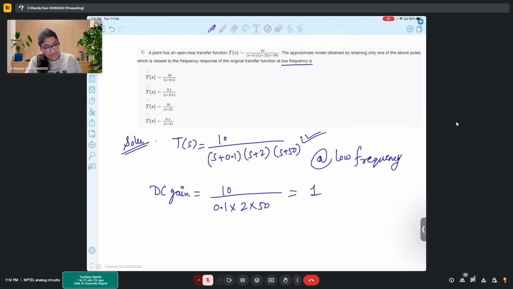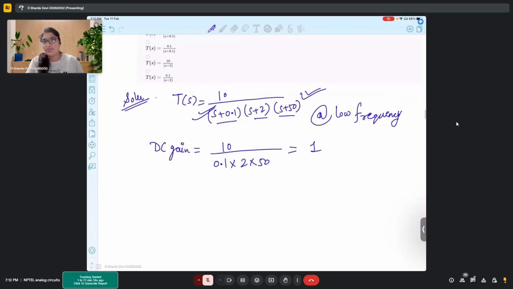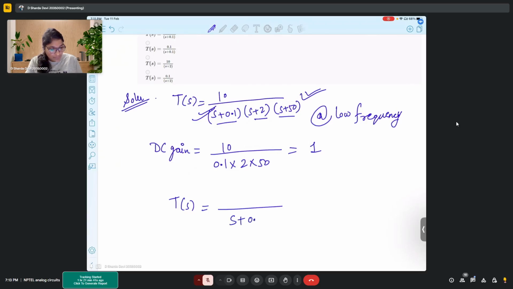And if you look at the frequency values, the lowest frequency possible is with only a single pole. So you will definitely use 0.1 as your dominant pole. Your transfer function will only have one pole, S plus 0.1.